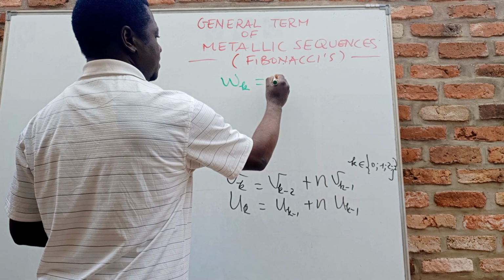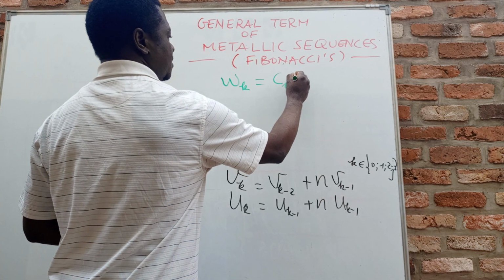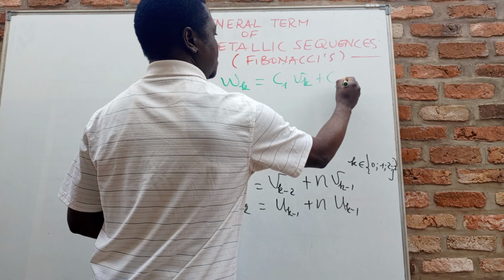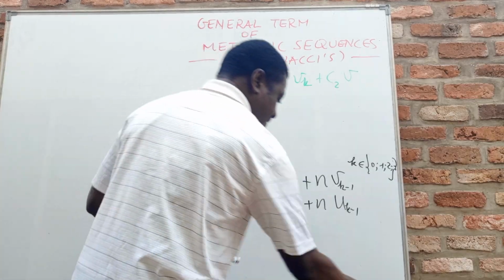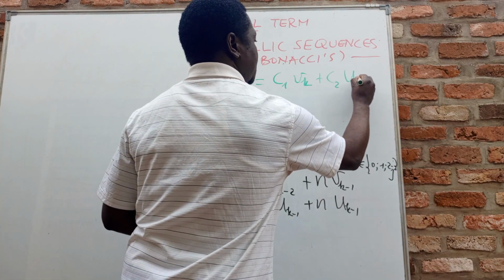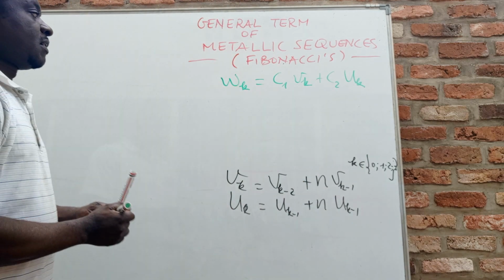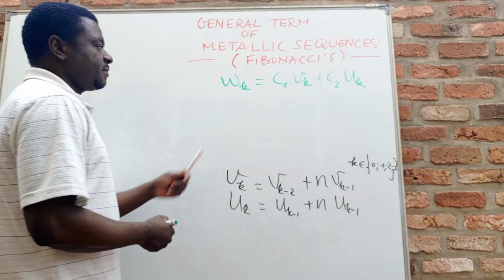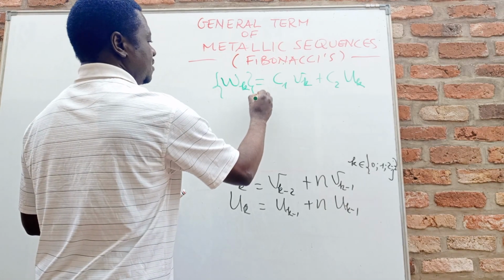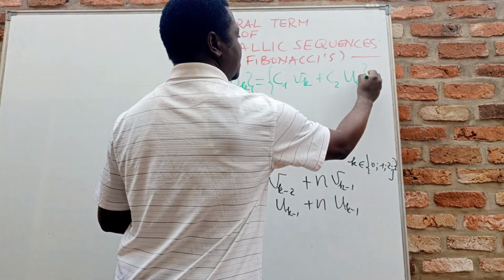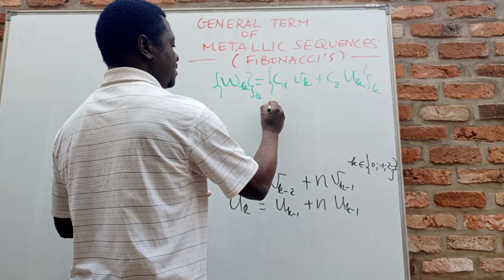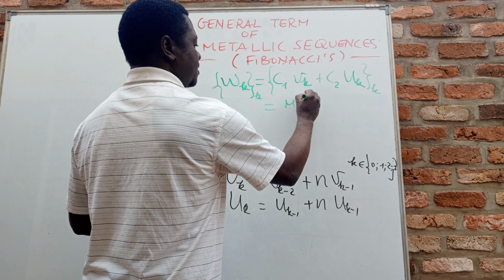By combining these two, C1 Vk plus C2 Uk, denoted by W index k, it becomes a sequence which we call a metallic sequence.